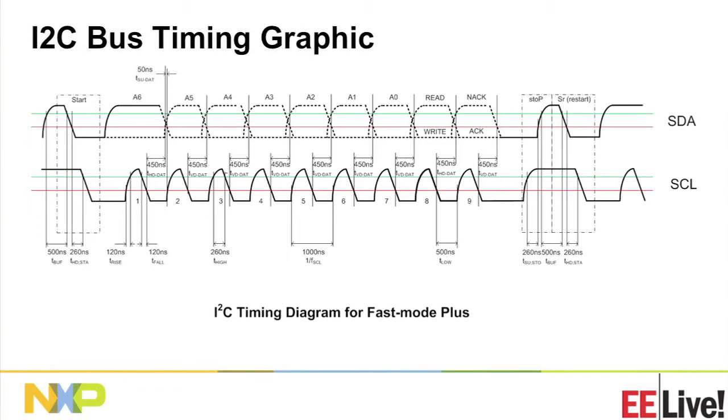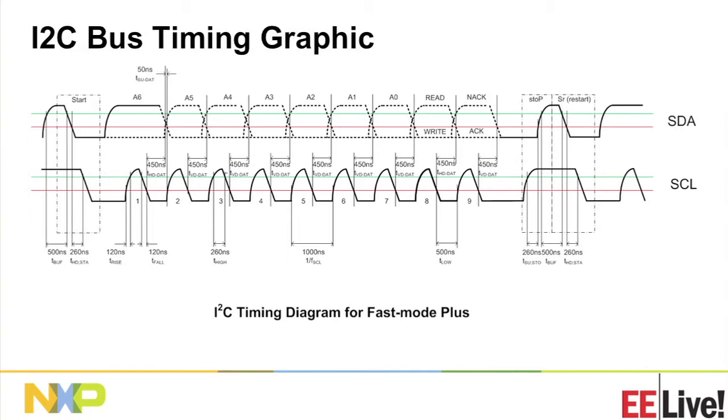They're more like shark's fins. And the reason for this is, on the way up, there is a natural RC time constant on the bus which changes the rate of charge as the signal goes up. And you'll notice when the signal comes down, it does it in a straight line, but it's not very fast. And this is all done by design.